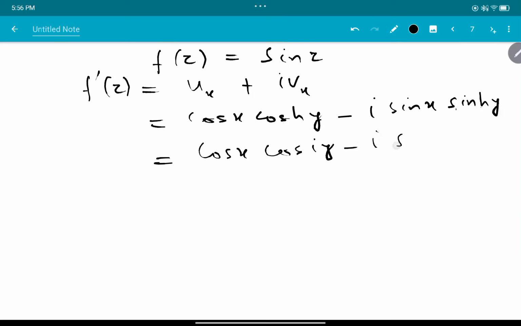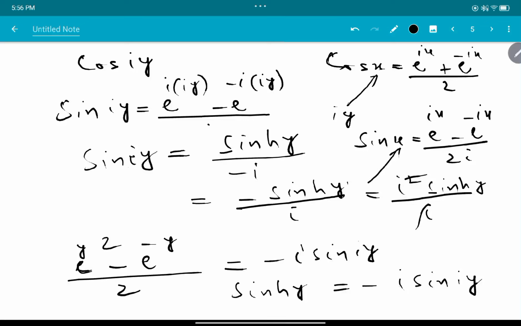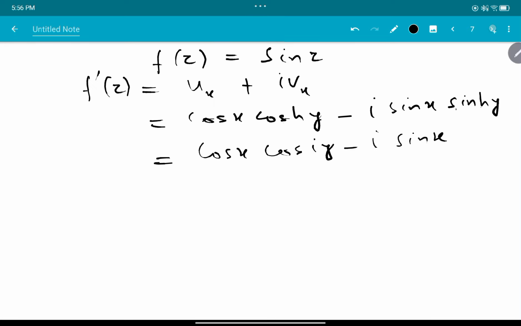I want to convert this sinh y as well. Sinh y is equal to minus i sin iy. Now we have cos x cos iy, and minus and minus plus, but then i square will again make that minus.